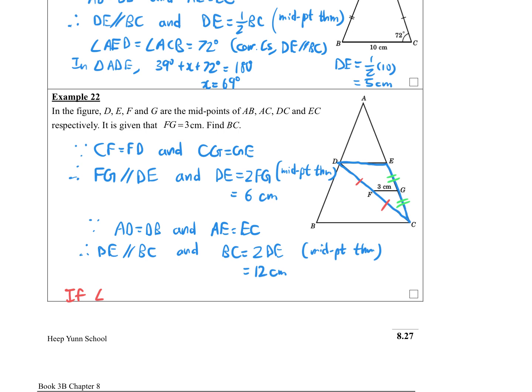So just tell me the answer. If angle GFC equals 40 degrees, then what is angle DCB?